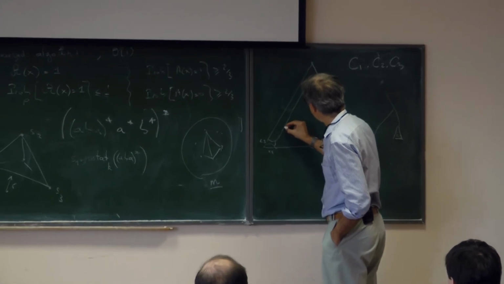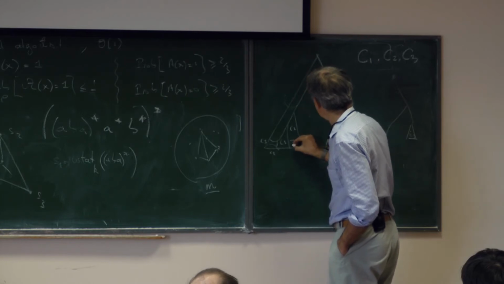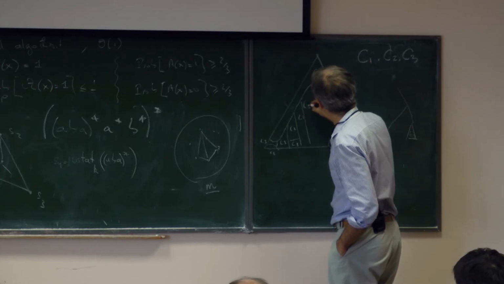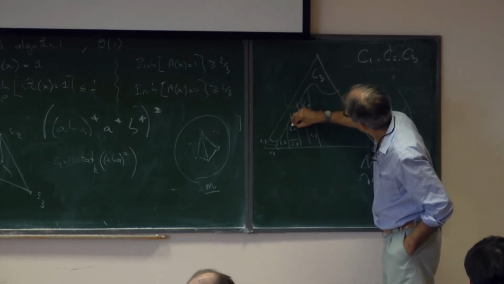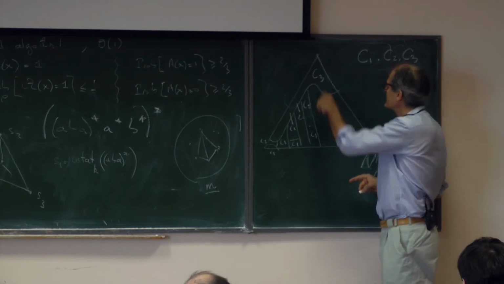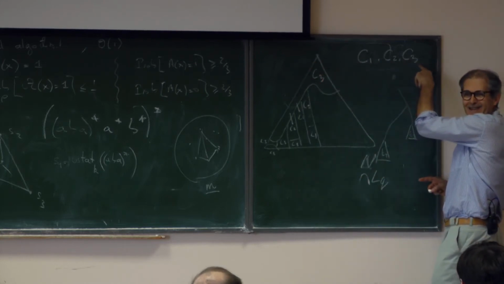But then you could have C1 here, and then C2 here, followed by C1, and then C1 here, and then C2 here, followed by C1. In other words, what is true is that for every path from the leaf to the root, you have a sequence like this.